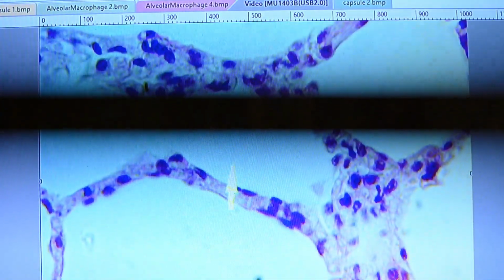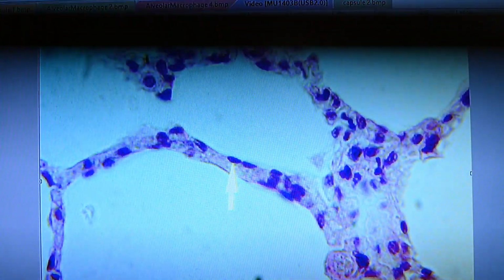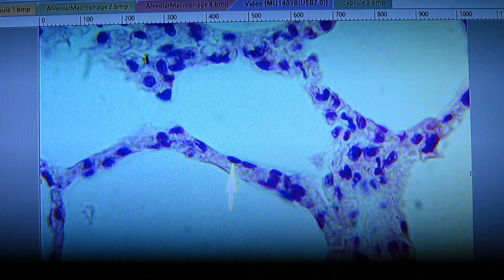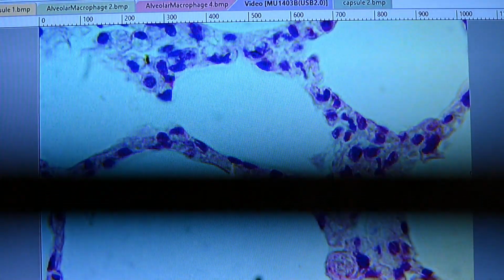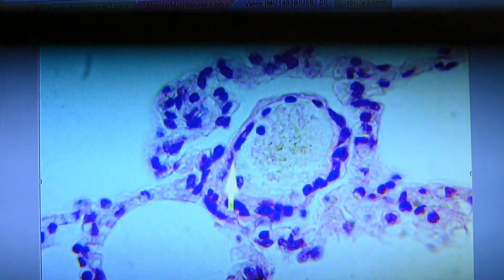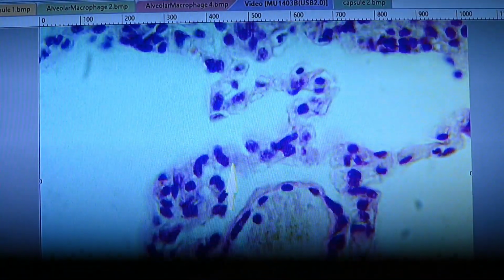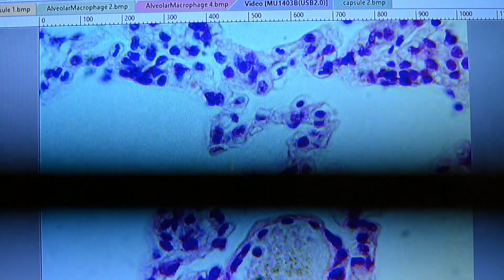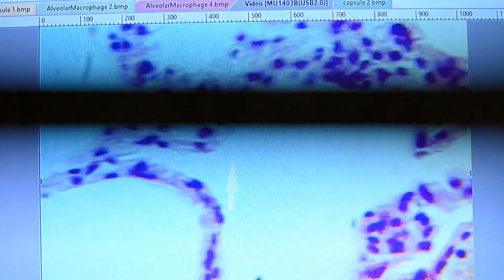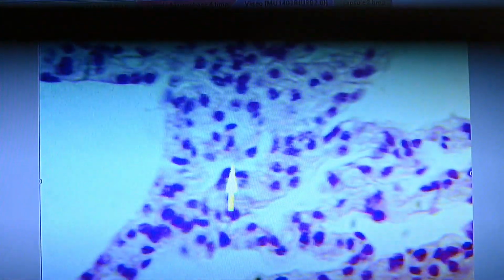I think this is where I was a minute ago. Back to this one here. Type 1 alveolar cells. So now let's move along and look for some dust cells.